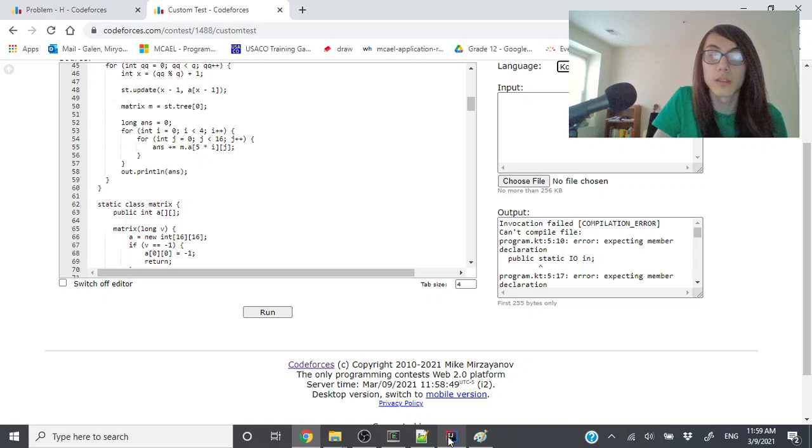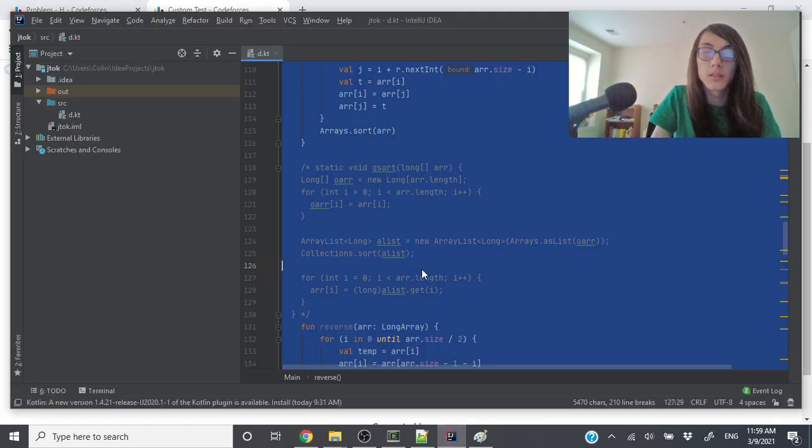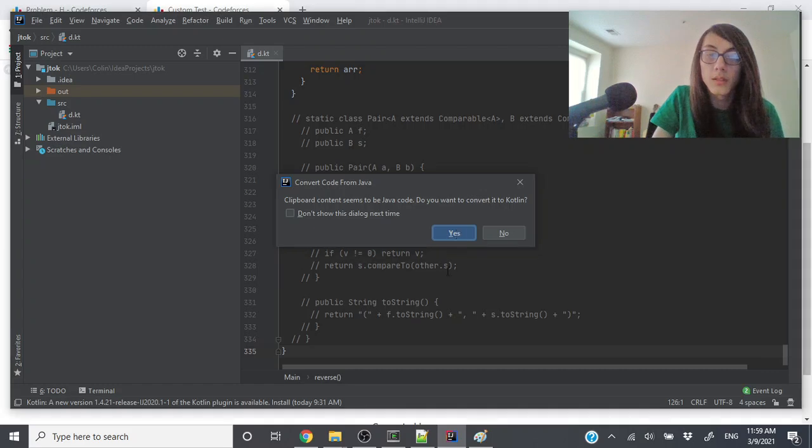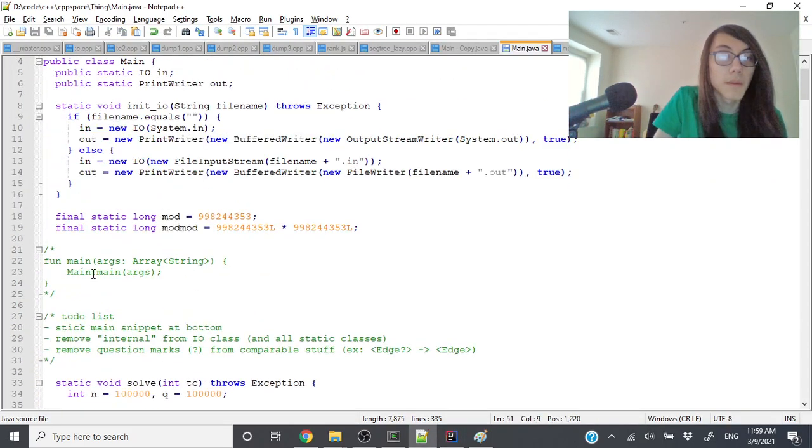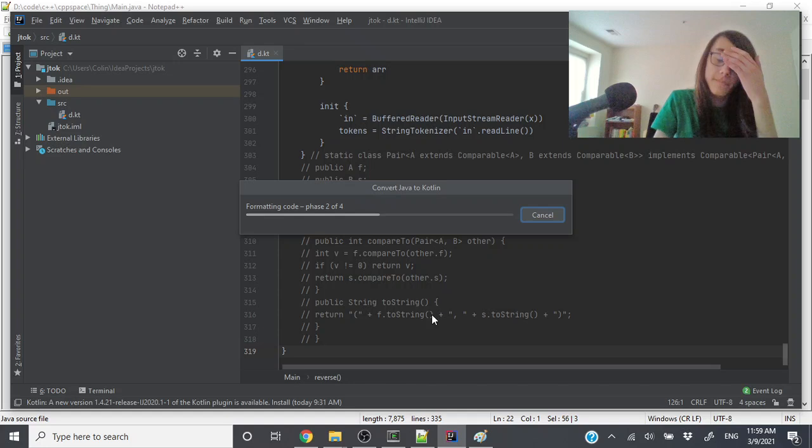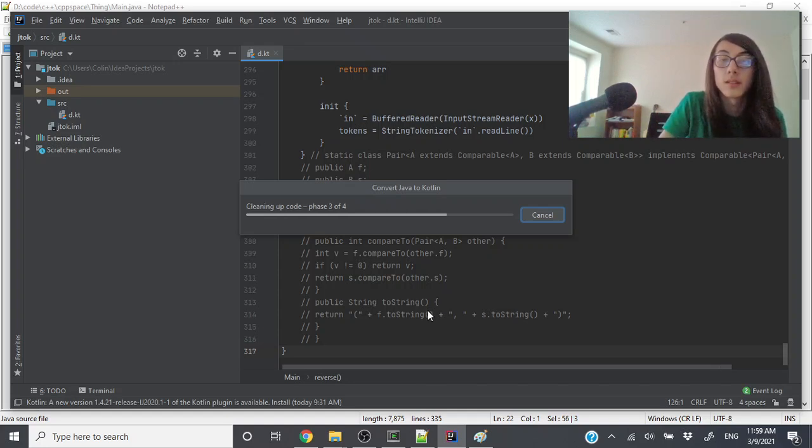Oh wait, Java. Okay. Should probably test it in Kotlin.